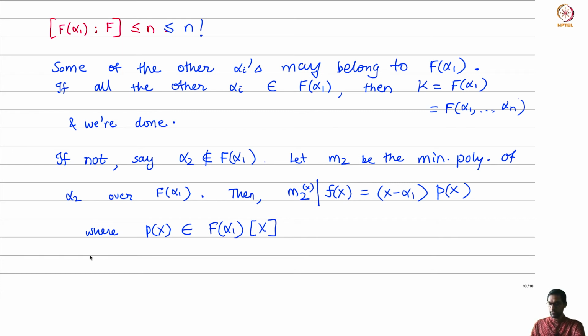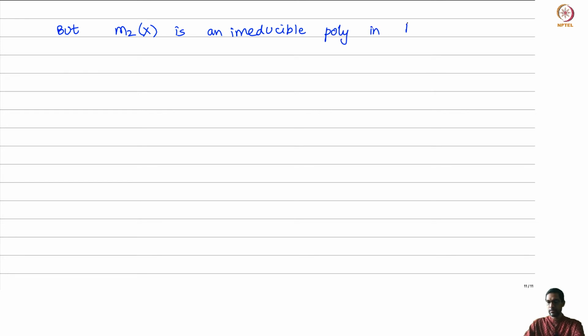Okay, but now observe that M2 is an irreducible polynomial because it's a minimal polynomial, in this ring f alpha 1 of x. Okay, and here is an irreducible polynomial which divides a product of two polynomials, x minus alpha 1 into p of x. Okay.